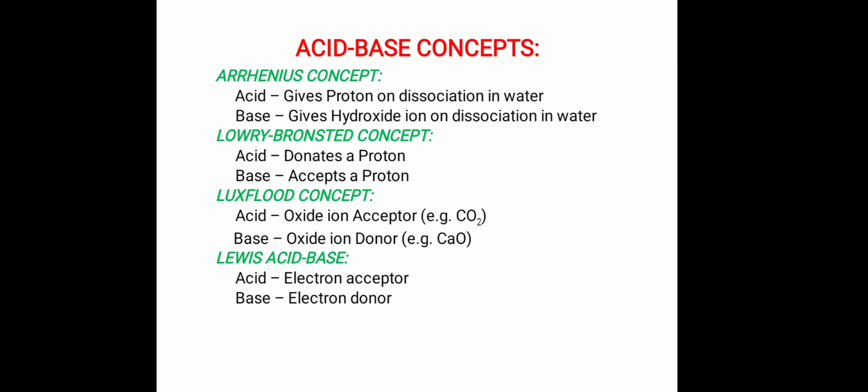Take a simple example, ammonia and boron trifluoride. Here ammonia has a lone pair of electrons. It is ready to donate a pair of electrons, so ammonia is a base. BF3 is ready to accept the electrons, so it is an acid.